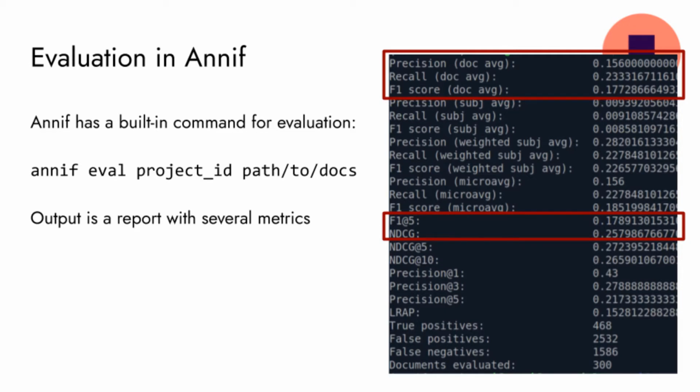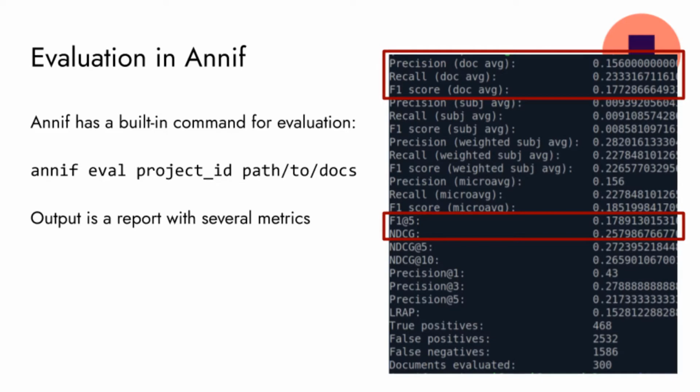Because subject indexing is a multi-label classification problem, there are many alternatives on how to compute the metrics in detail. This is why the report includes precision, recall, and F1 score obtained with different averaging ways.